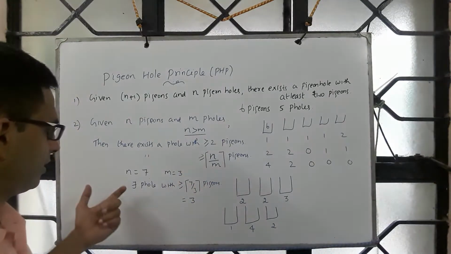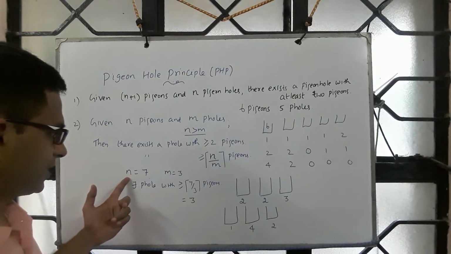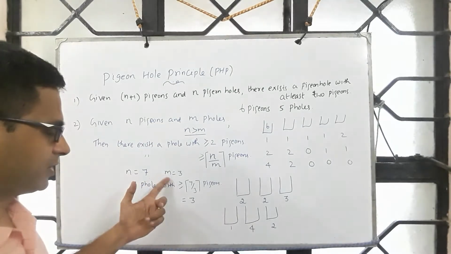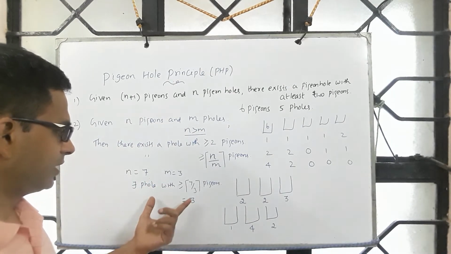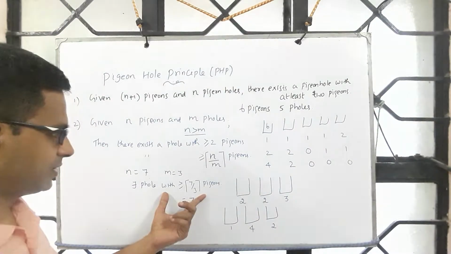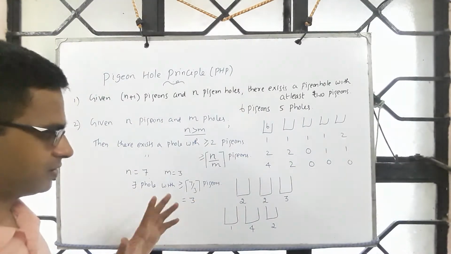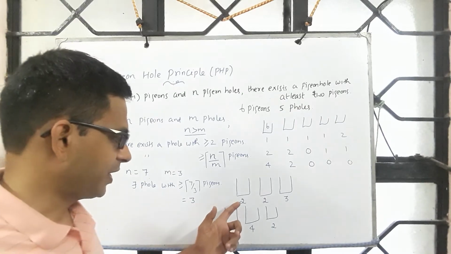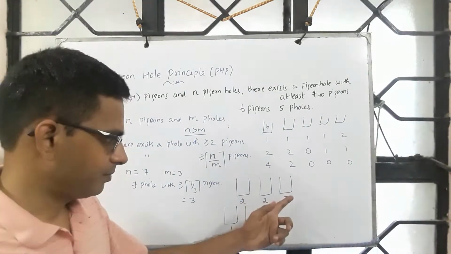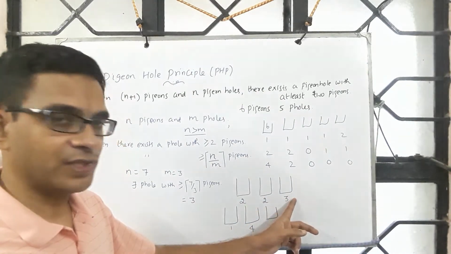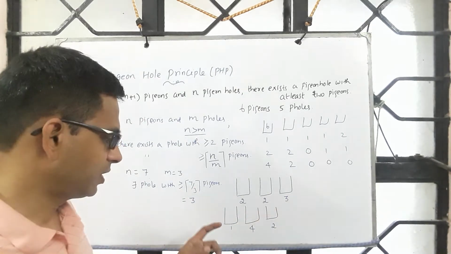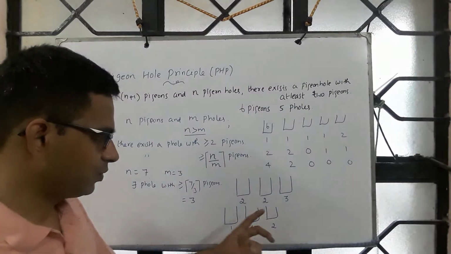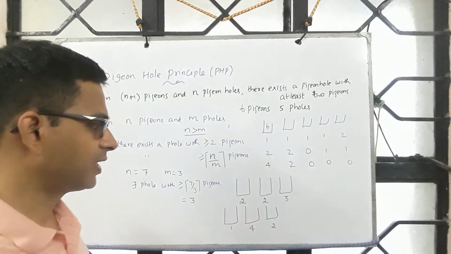For example, you take n equal to 7 and m equal to 3. It says there exists a pigeonhole with at least 7 by 3, which is 3 pigeons. You may come up with the distribution 2, 2, 3, and there exists a pigeonhole with at least 3 pigeons. Or you may come up with 1, 4, 2, and there exists a pigeonhole containing at least 3.